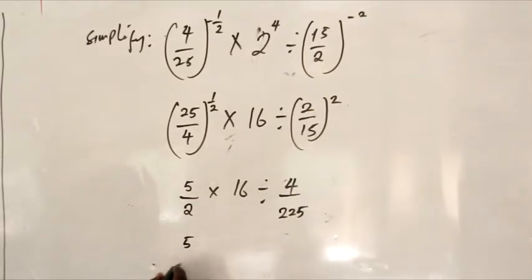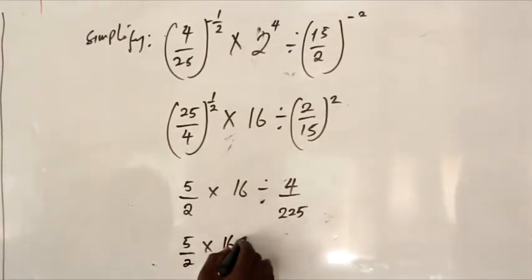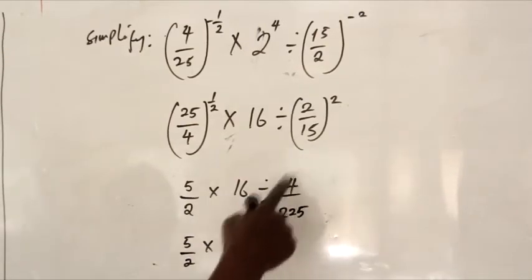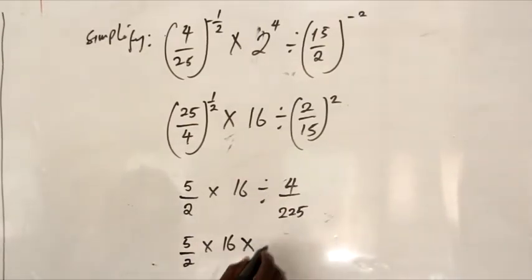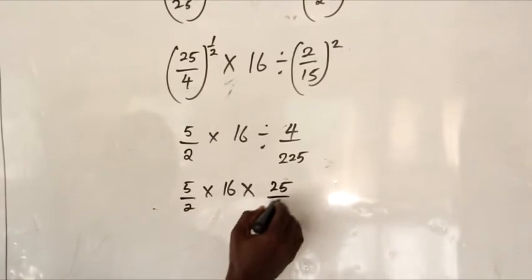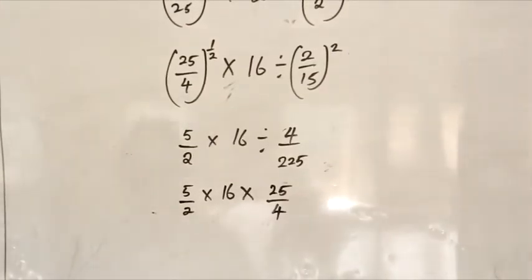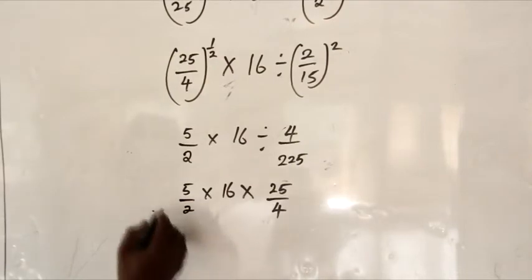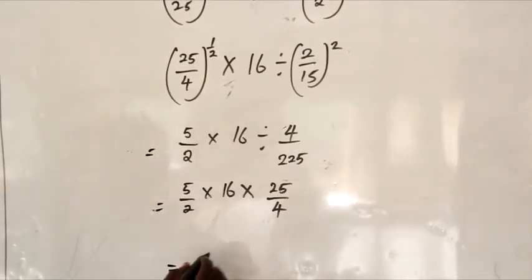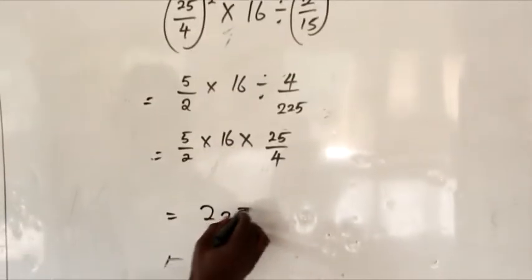Now we can see division and multiplication there, so we can change this division to multiplication by taking the reciprocal of 4 upon 25, which gives us 25 upon 4. Then from here we can cancel out.